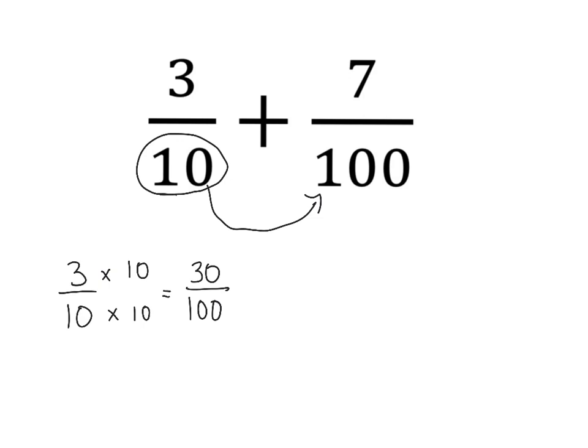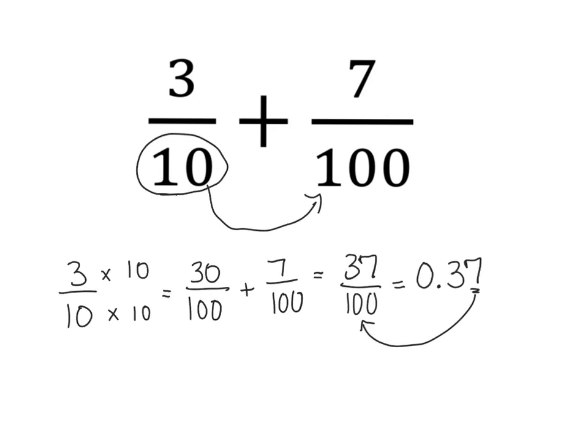So now we can take 30 hundredths, add it with 7 hundredths, and we are going to get 37 hundredths. But we cannot leave it as that because in the directions we're being told that we have to make it into a decimal. So convert 37 hundredths into a decimal. We do not have a whole number, but 37 hundredths, because the 7 is in the hundredths place.